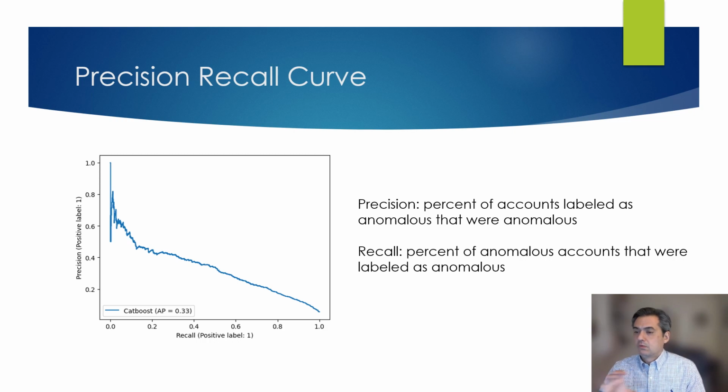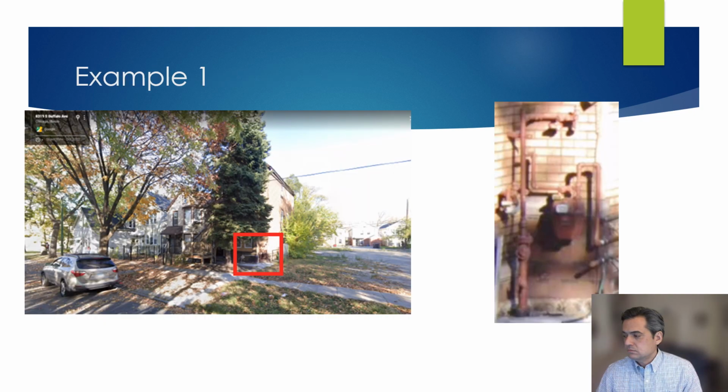This is a way to look at a model to tell how well it performs, and it also helps you understand where to set a level of sensitivity so that you can come up with a way to use the model.